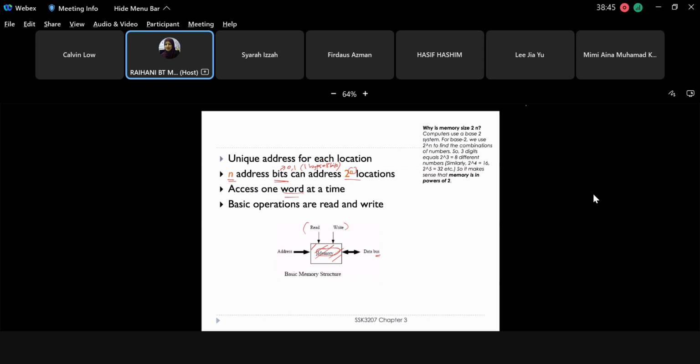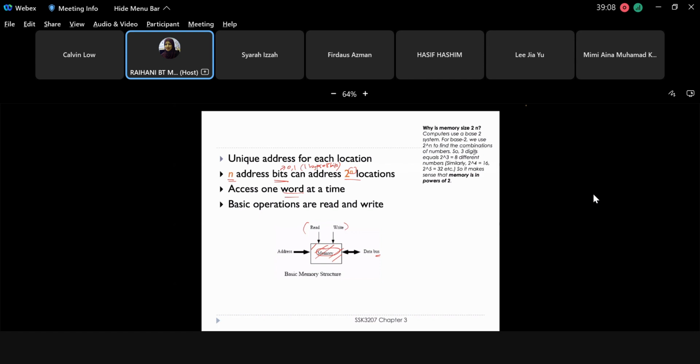Okay, so why is memory size 2 to the power of n locations? Here is some explanation. Computers use a base 2 system, that is 0, 1. For base 2, we use 2 to the power of n to find the combinations of numbers.